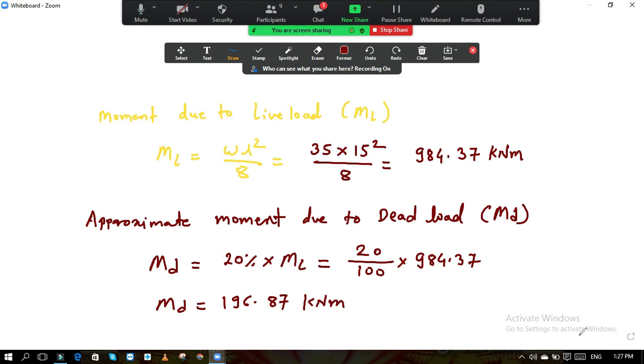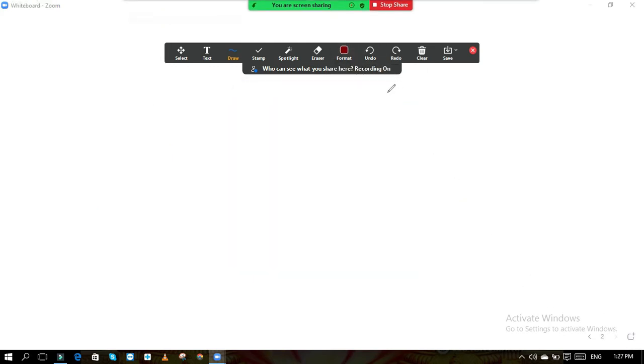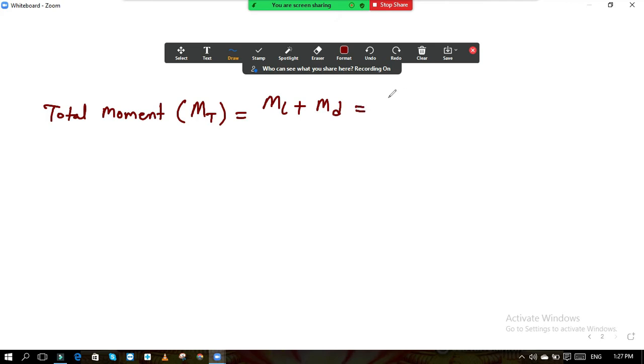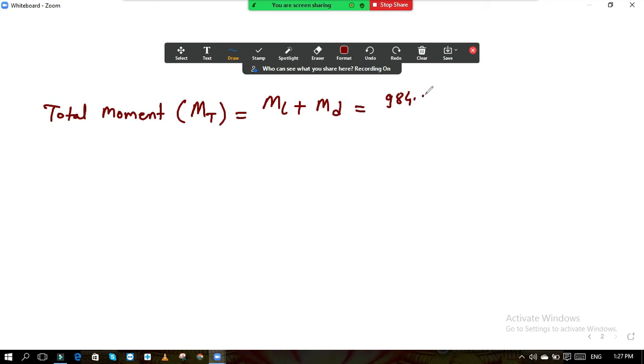Okay. Now calculate the total moment. Total moment is equal to your live load moment plus dead load moment, which is equal to 984.37 plus 196.87.